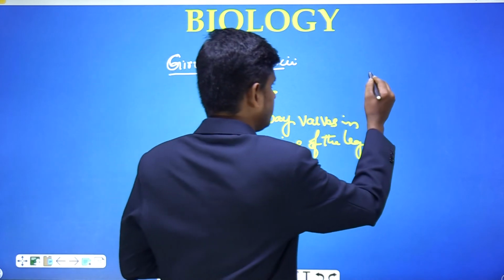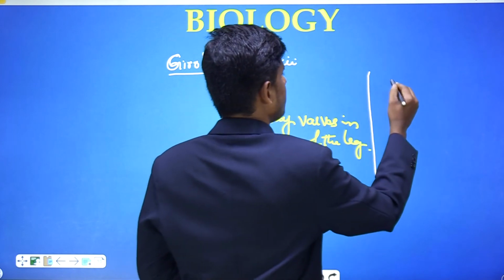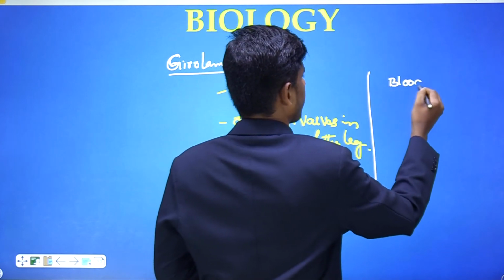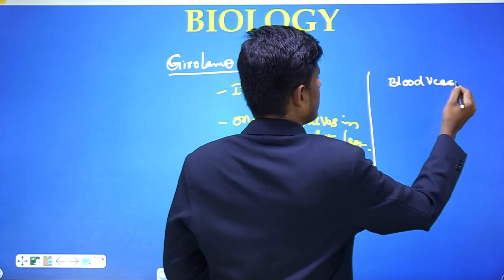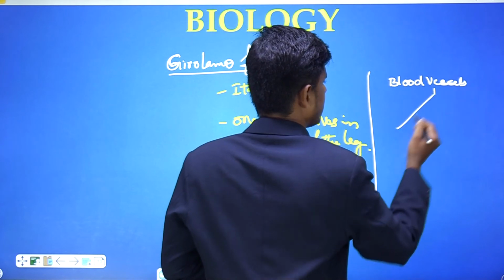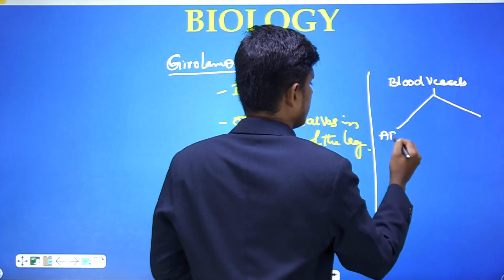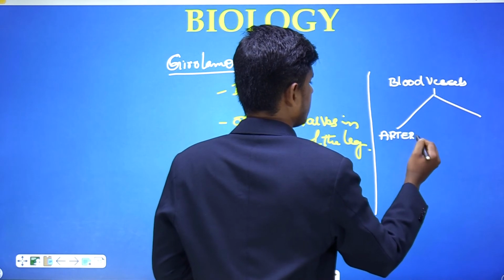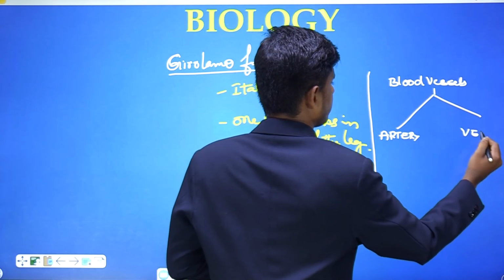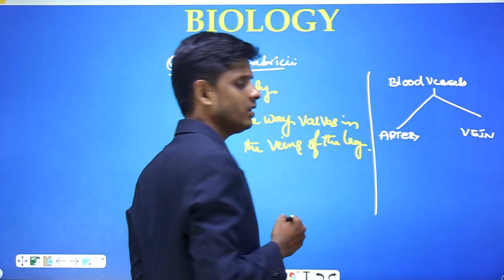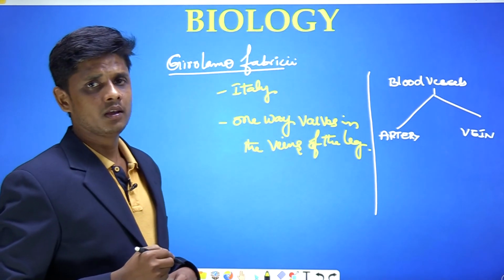And then in this context, the blood vessels are majorly of 2 types, that is artery and the second one is vein. What is that? First one is artery and second one is the vein. You know what?